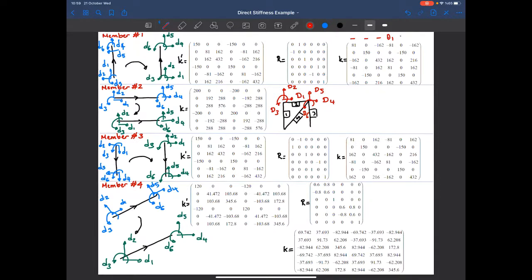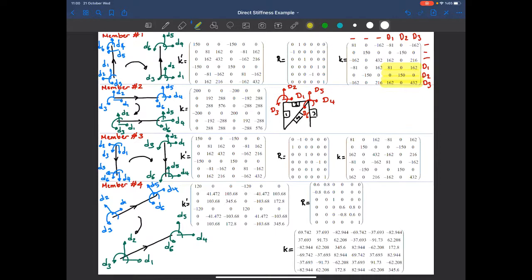So I'm just putting a note to myself. That's D2, that's D3. Again, 1, 2, 3 don't have any contribution, but D1, D2, D3 do. So this shows that this portion of the stiffness matrix will have a contribution to the structural stiffness matrix.